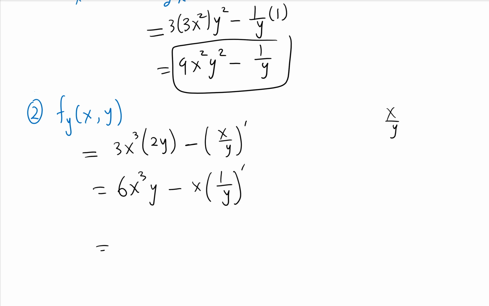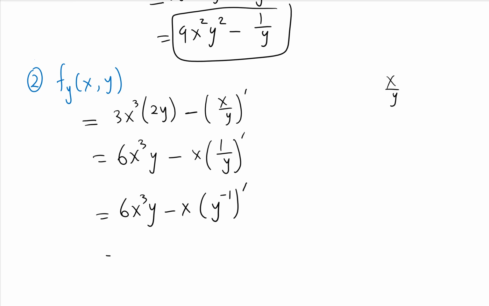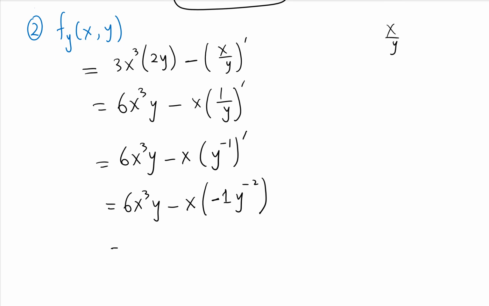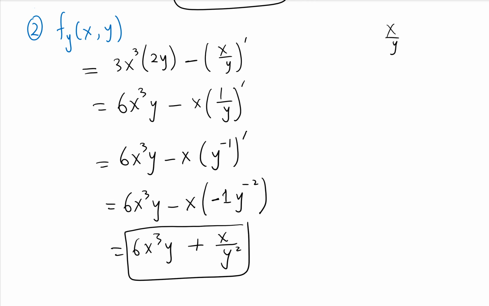What's the easiest way to find this? This stays the same. Y to the negative 1 derivative. 6x to the third y minus x. Derivative of this one is negative 1, y to the negative 2. This stays the same. Negative negative is positive x. And bring that negative thing down to make it y squared.